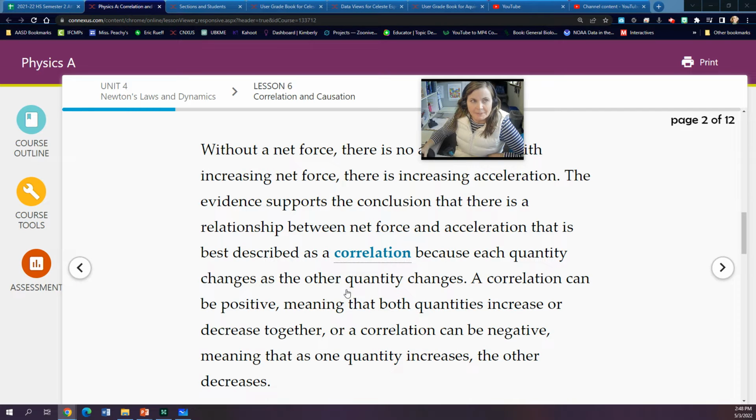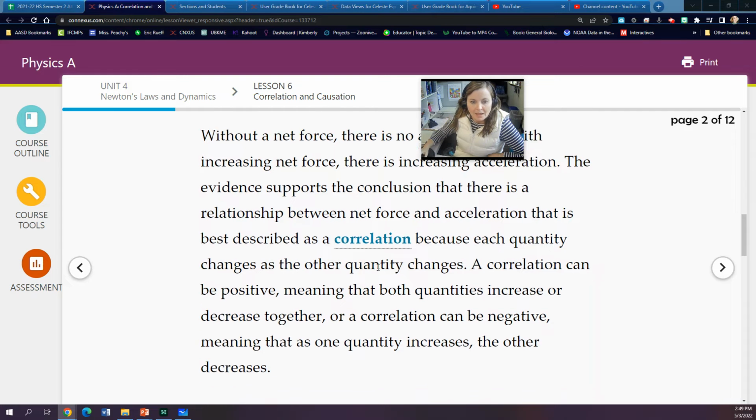An example might be there is a correlation between being sedentary and increased risk of cancer, right? So we can say that there's definitely some relationship between not having enough exercise and an increase in the risk of cancer, but we can't directly say that you're going to get cancer if you don't exercise. It doesn't necessarily cause cancer, but it definitely increases your risk. It's correlated in some way, shape, or form.